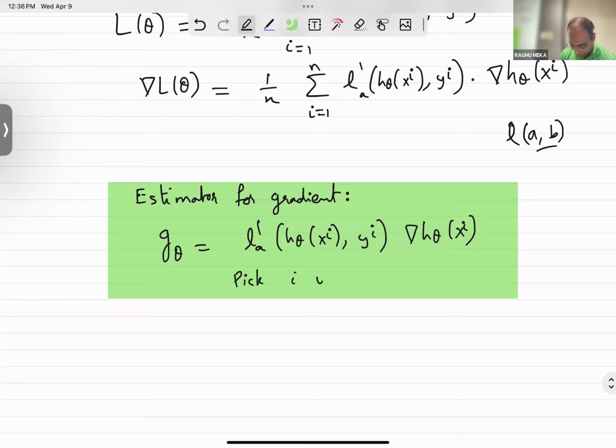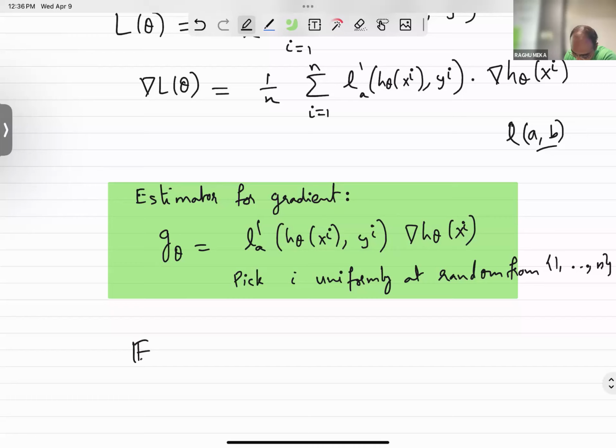Pick i uniformly at random from 1 to n. So pick a random example and compute this quantity, and that is going to be our estimator for the gradient.